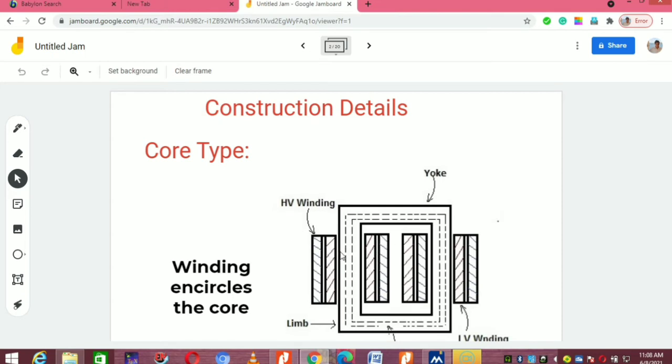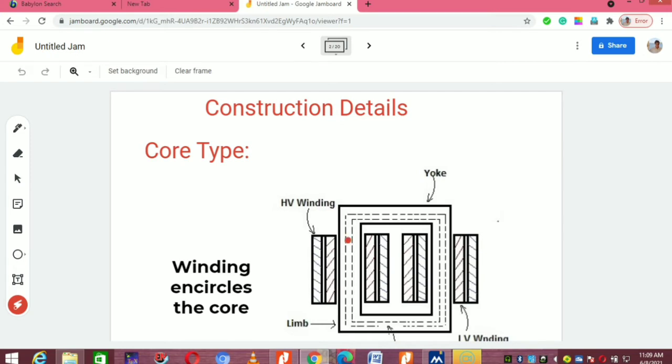If you discuss the advantage of this kind of winding, the leakage flux is going to reduce. How is the leakage flux going to reduce? I will explain now. Leakage flux means flux which links only one winding.